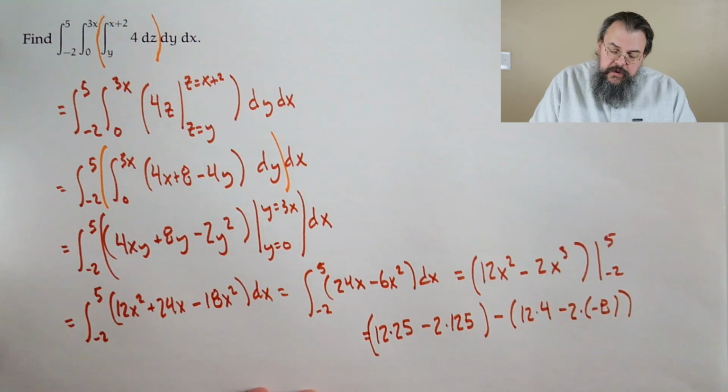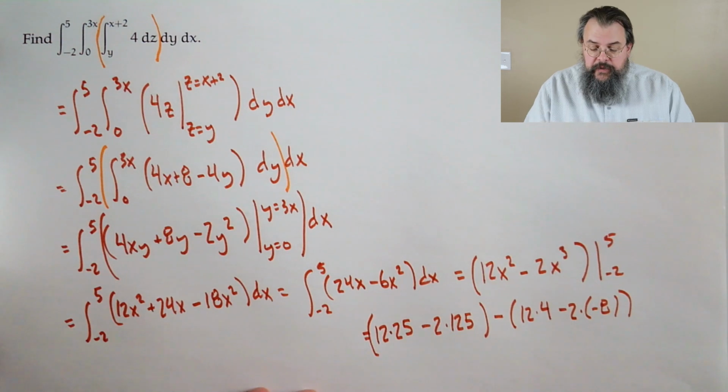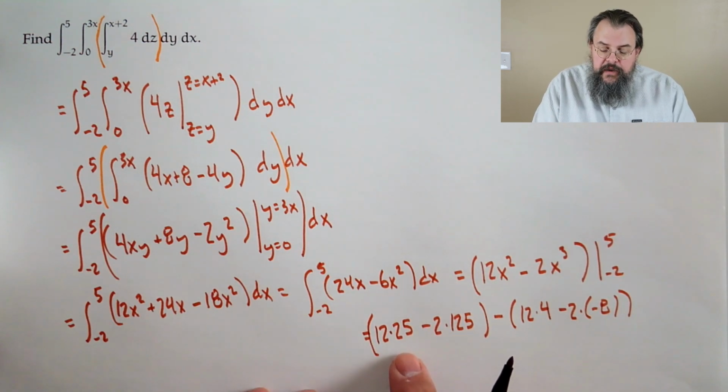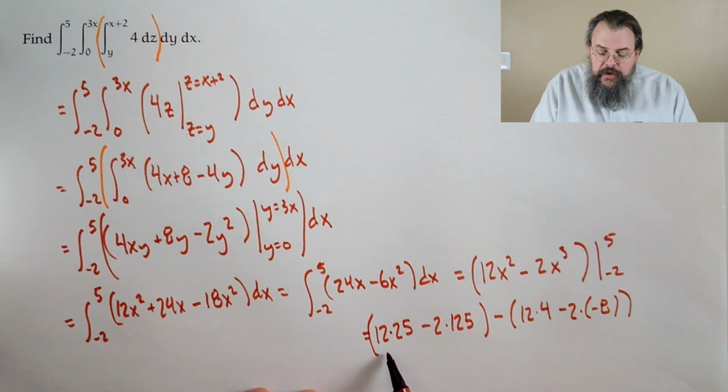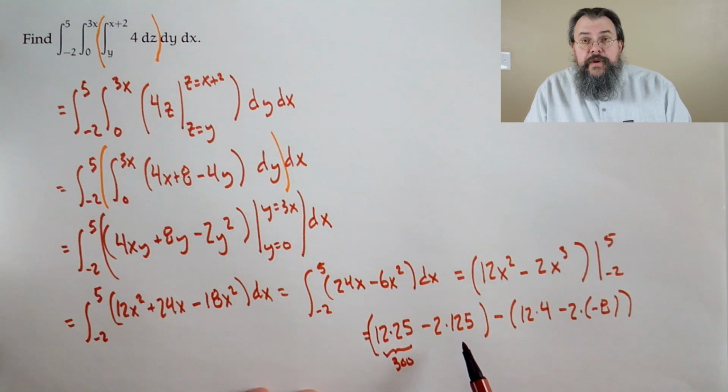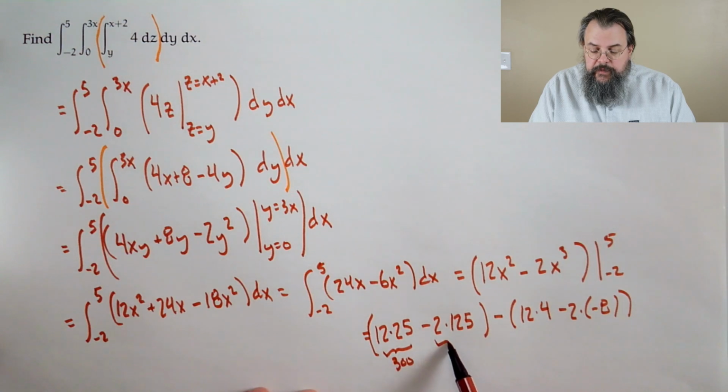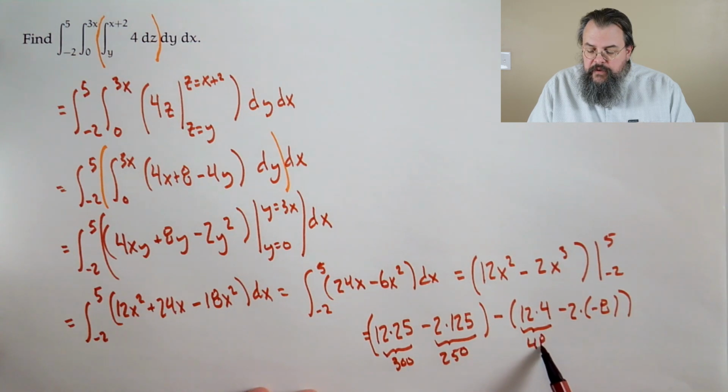Well, if we wanted to, we could simplify a little bit. For example, 12 times 25 is going to be 300. 2 times 125 is 250. So there's that. Then here we have 12 times 4 is 48. This will become plus.